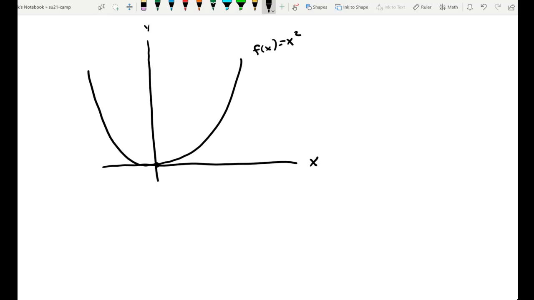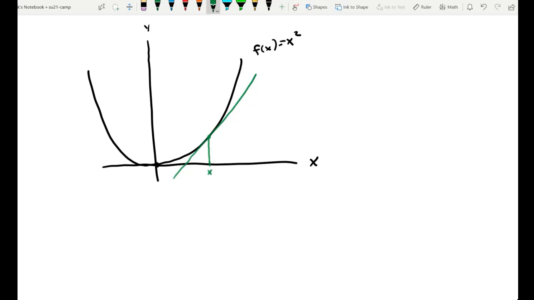And now what we're going to want to do is define the derivative for this function for an arbitrary x. So we're going to use a slightly altered version of what we did yesterday. So suppose x here is just a fixed point. And you want to know the slope of the tangent line at that fixed point.